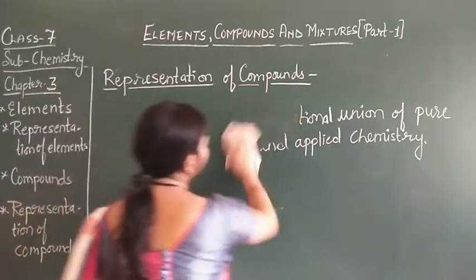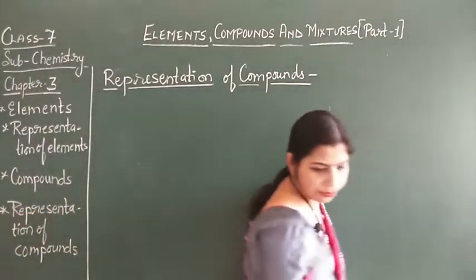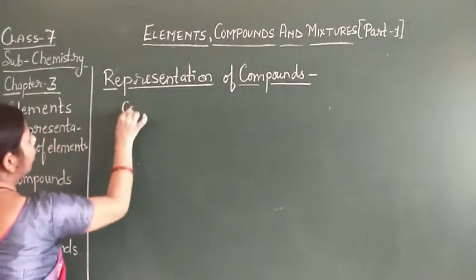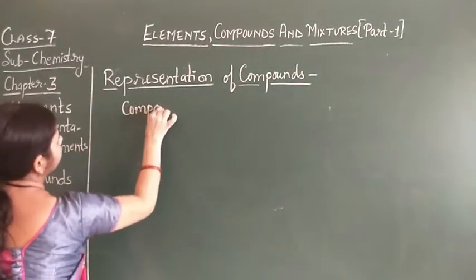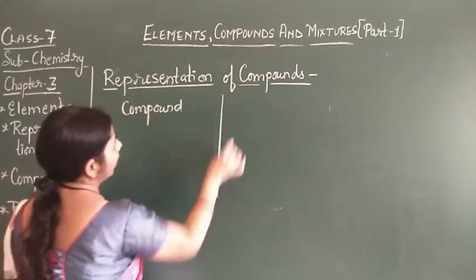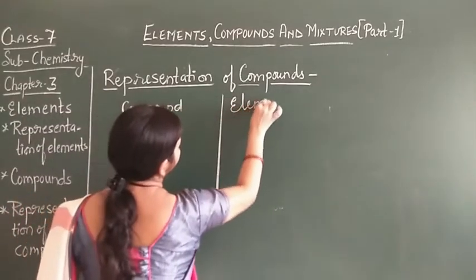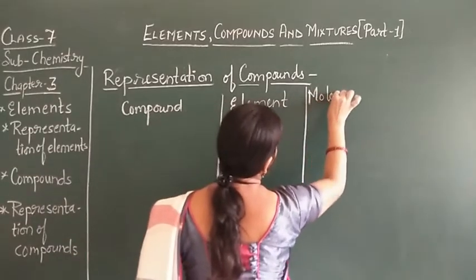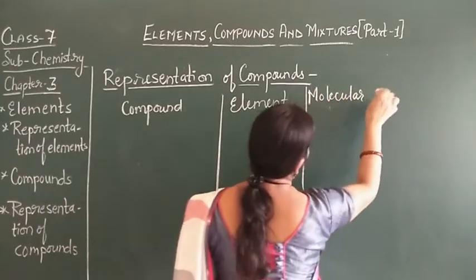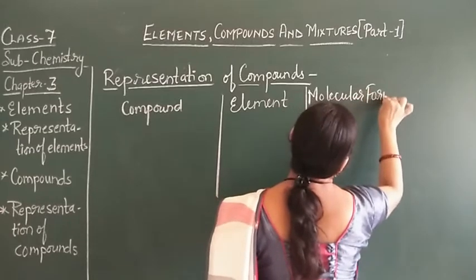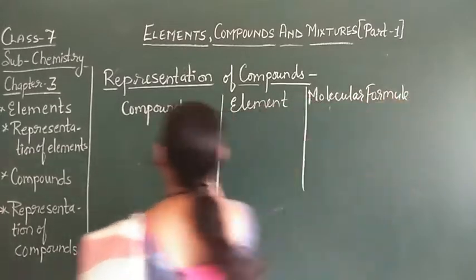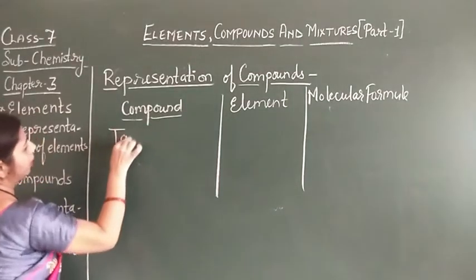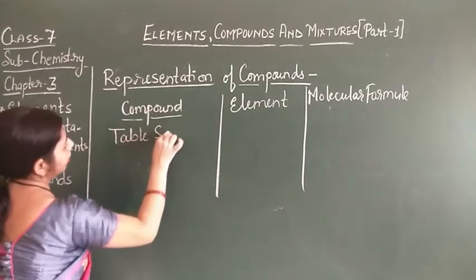I am going to tell you some examples. Suppose here we have compound, element, molecular formula. Now the first compound: suppose I take the table salt which we are using.